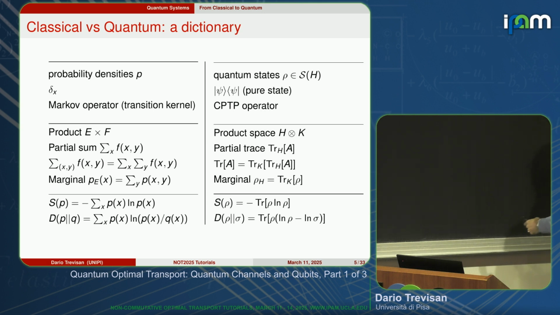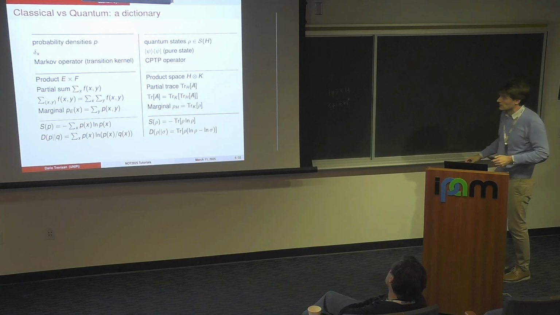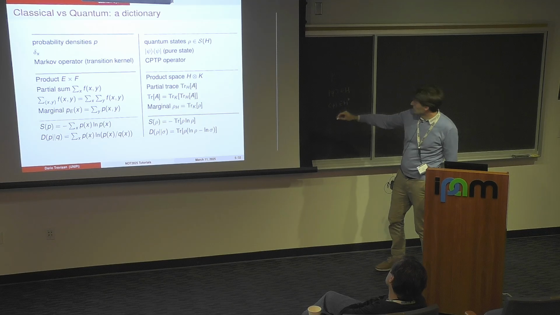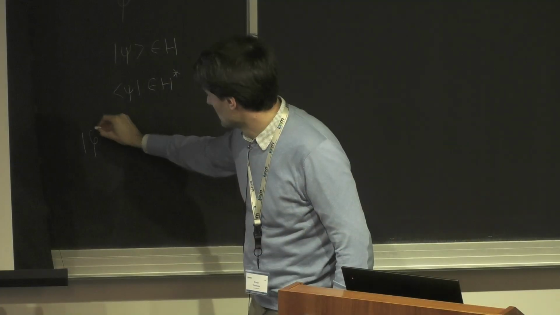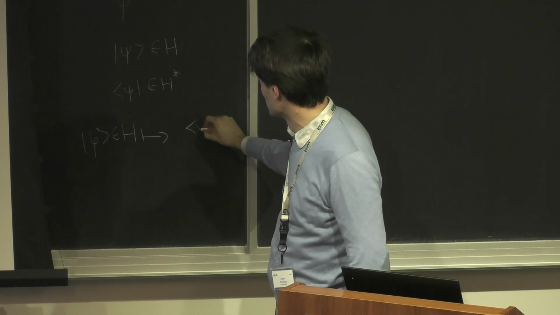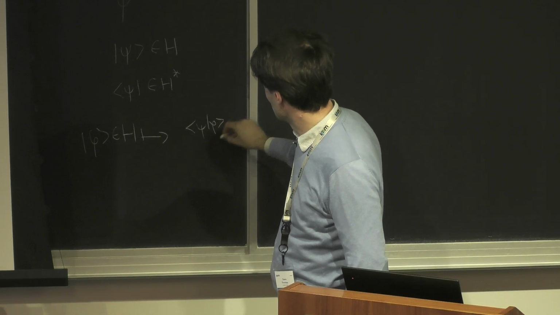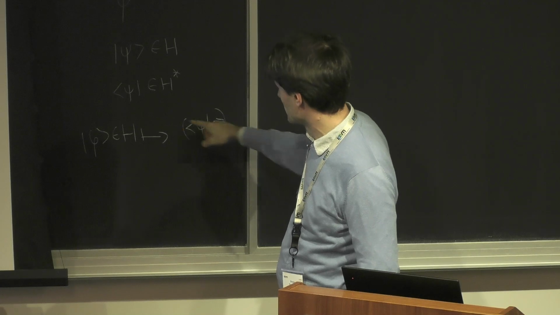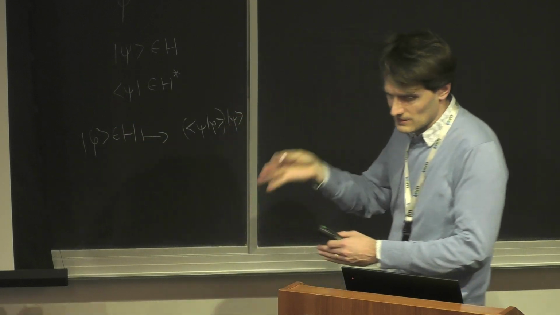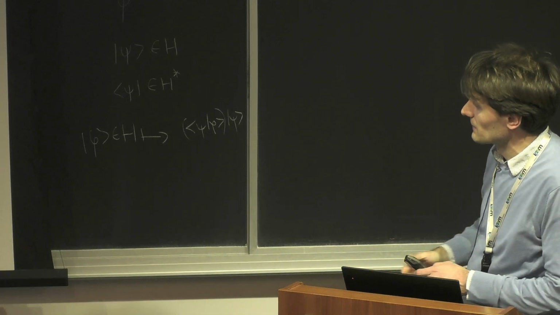This is the operator which takes any phi in H and gives you the scalar product between psi and phi, a complex number, times psi. So you are projecting geometrically on the line given by psi.